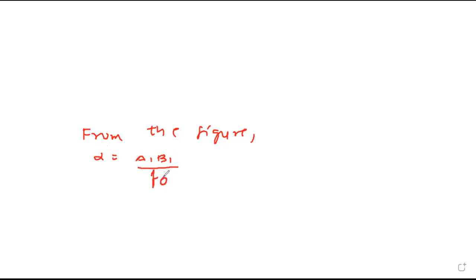FO is on the right, so positive, A1 B1 downward, negative. Beta equals opposite side A1 B1 downward, so minus, FE on the left, minus, this will get cancelled. So this is A1 B1 upon FE.